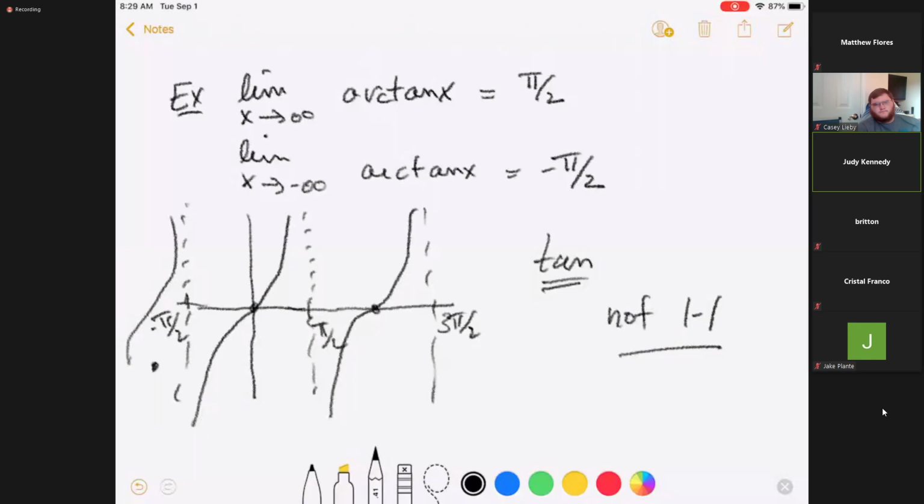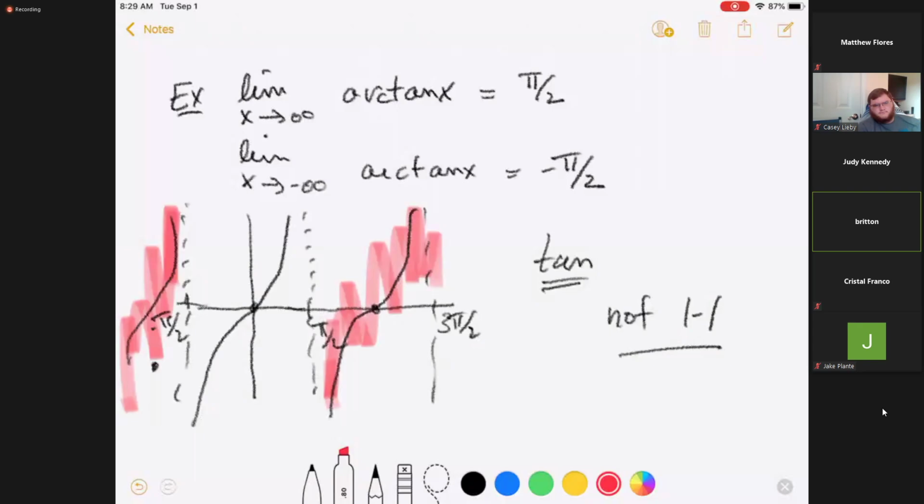But what do people do? They sort of erase a lot of pieces. We're going to just throw away this piece and this piece for the moment, just so we can define it. Essentially, arctangent means you only take one arc of the tangent at its base point. You can think of it that way.